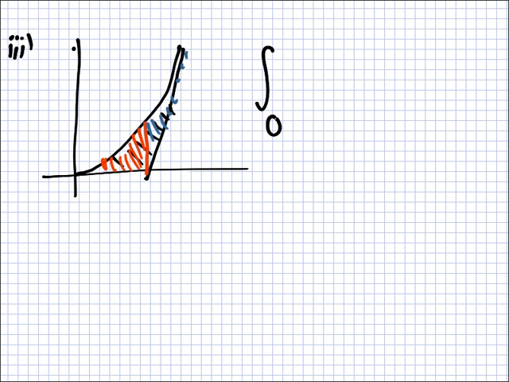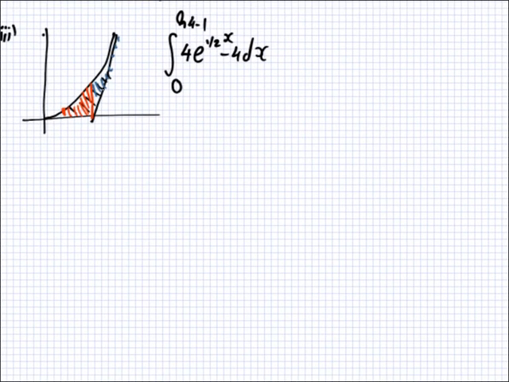From 0 to what? Log 4 minus 1. And what do I put inside the integration here? The curve minus the line. Right, that's the first integration.